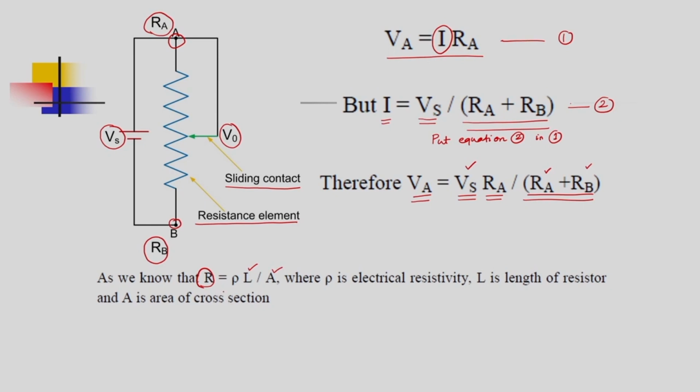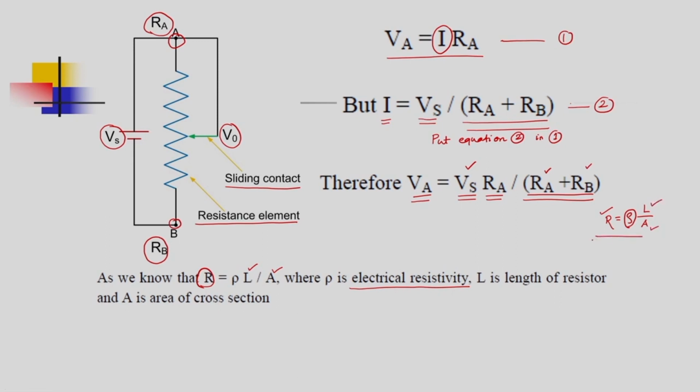So, R is equal to rho into L by A, which is a quite well known equation, where rho is the constant of proportionality and it is called the electrical resistivity. So, resistance is directly proportional to the length and inversely proportional to the area.